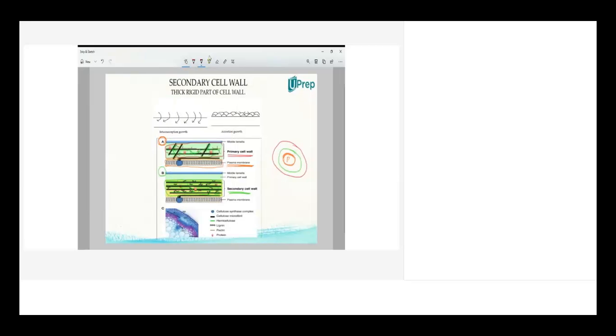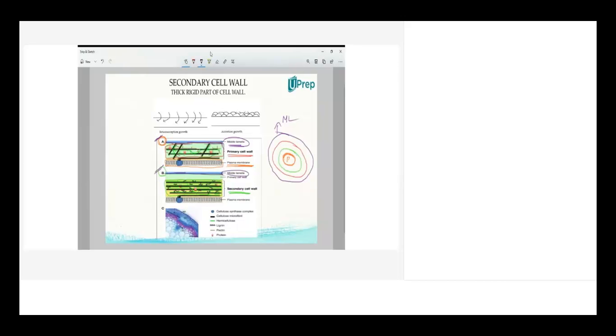So if you observe both A and B pictures, okay, the blue one or the purplish blue one is the outermost one. That is the middle lamella in both the pictures. So this would be the middle lamella. Okay, so this is middle lamella, and this primary cell wall, secondary cell wall. Then inner to all the wall materials, you are having plasma membrane.